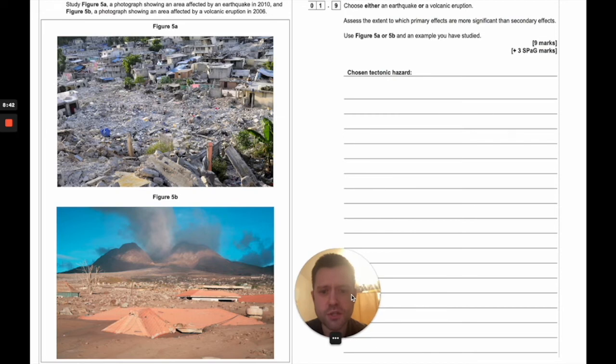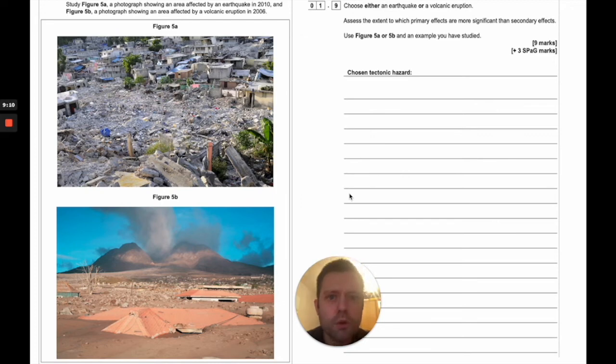All right then, this question, you've probably done this about 20 times at your BHA or anywhere in the country, to be honest. But let's have a look. It says, study figure 5a, a photograph showing an area affected by an earthquake in 2010. And figure 5b, a photograph showing an area affected by a volcanic eruption in 2006. All right, so earthquake at the top, volcano at the bottom.